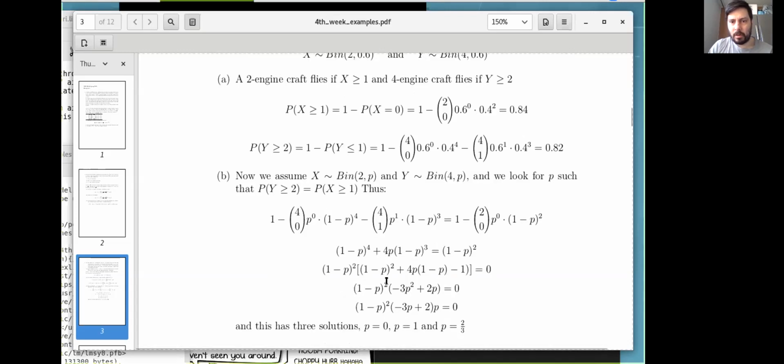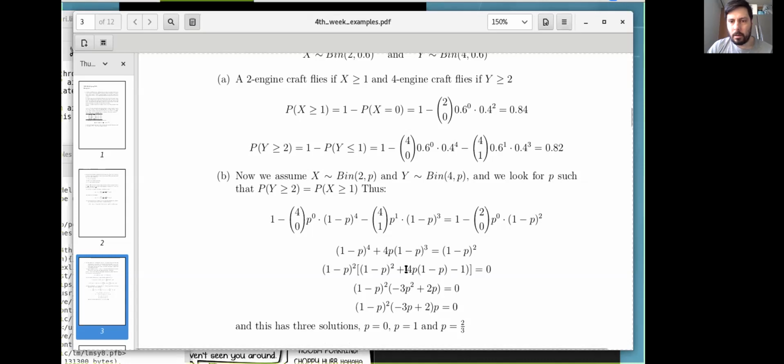We move everything to the left-hand side. We take (1 minus P) squared as a common multiplier. Then we can rearrange this. If we see here's a minus 1, if we write this one out, it becomes 1 minus 2P plus P squared. So the 1 will cancel this one here.